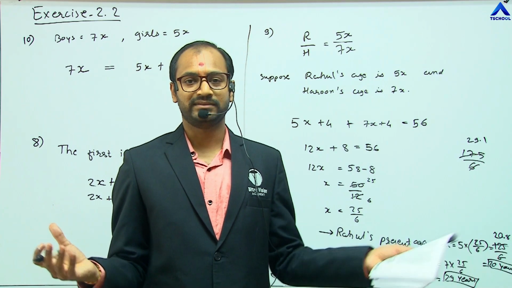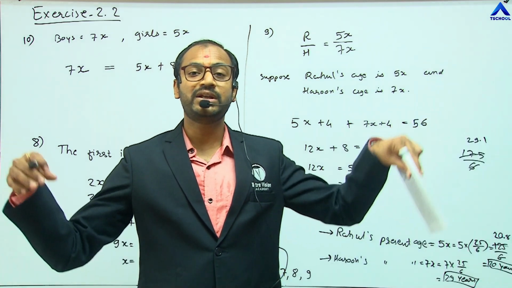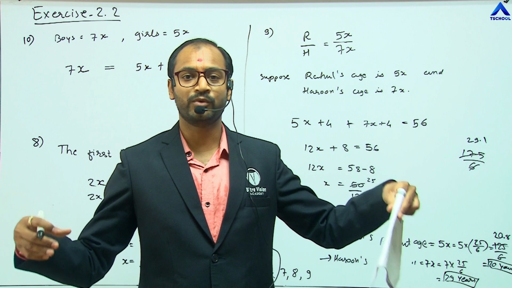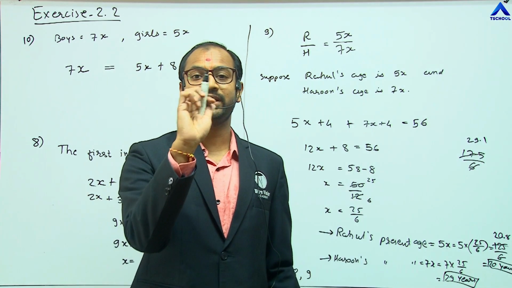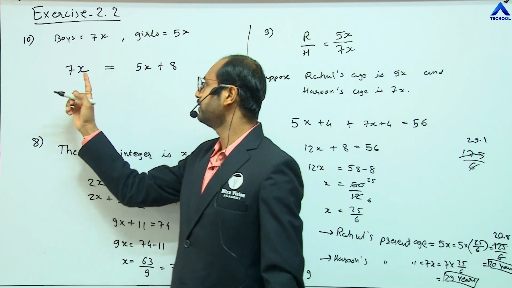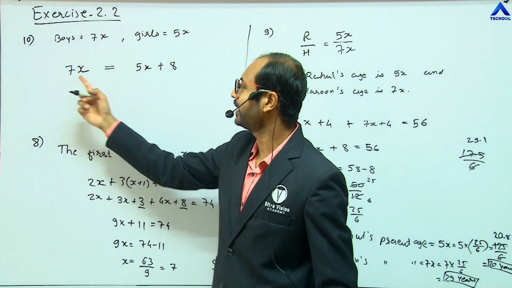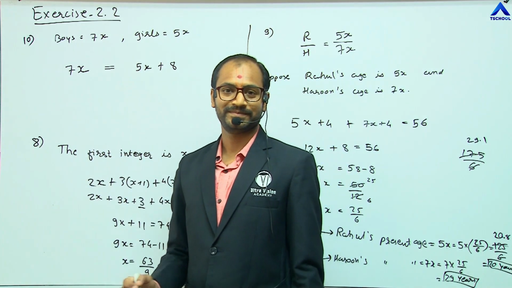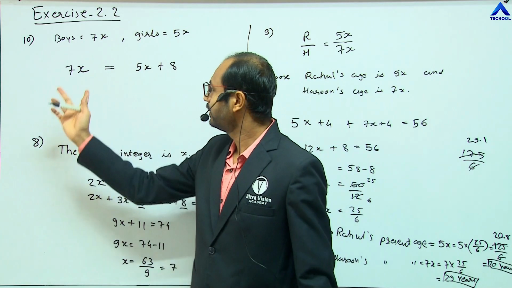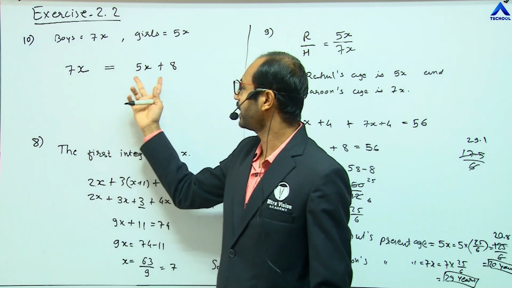So we have to add weight equally on both sides to make the pointer stay at center. Similarly, here we are adding 8 on the girls' side to make both equal. Clear? Here 8 is already available extra, so I have to add it here.